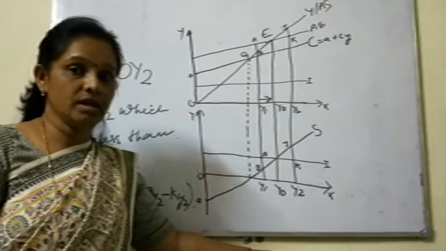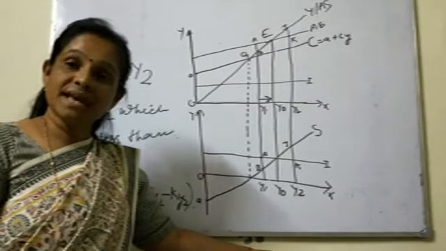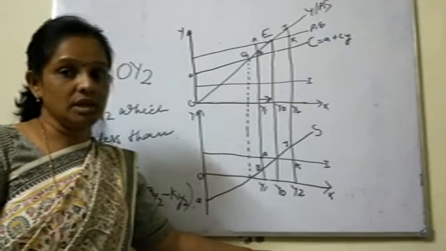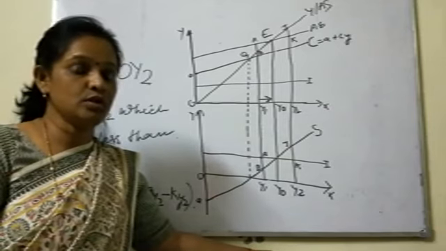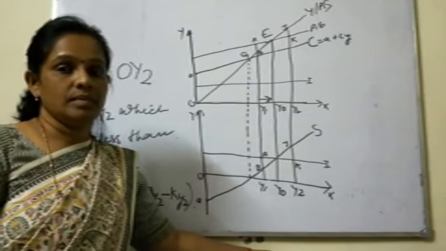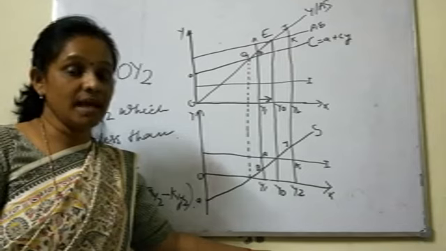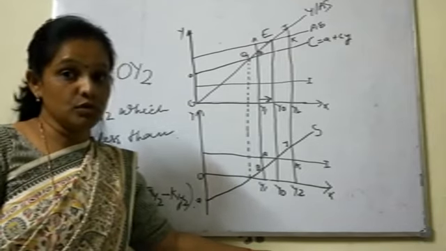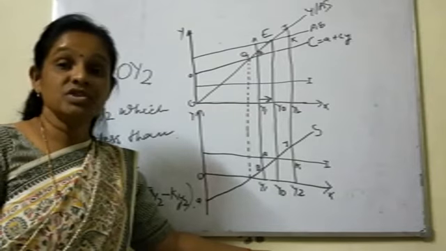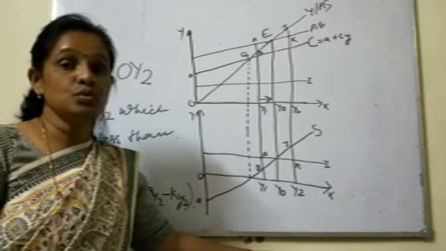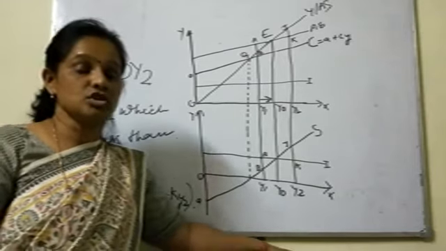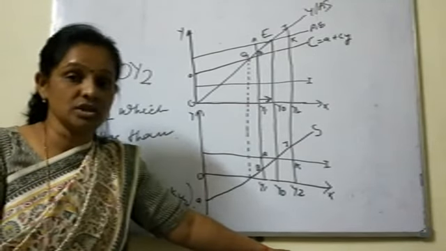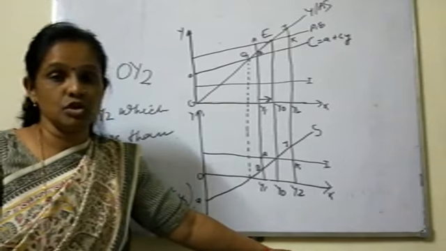Full stop. Then write, due to this excess supply, there will be too much inventories available with the producers, which leads the producers to reduce their production. Full stop.